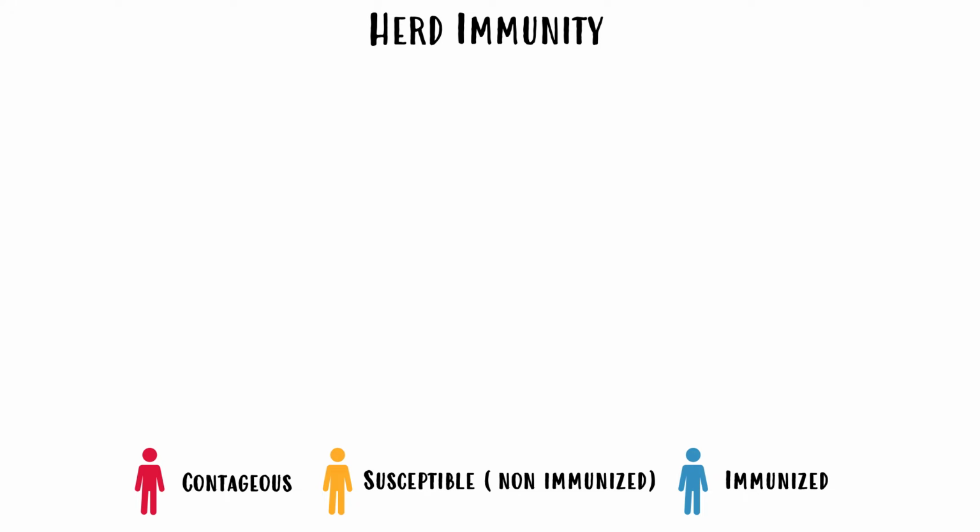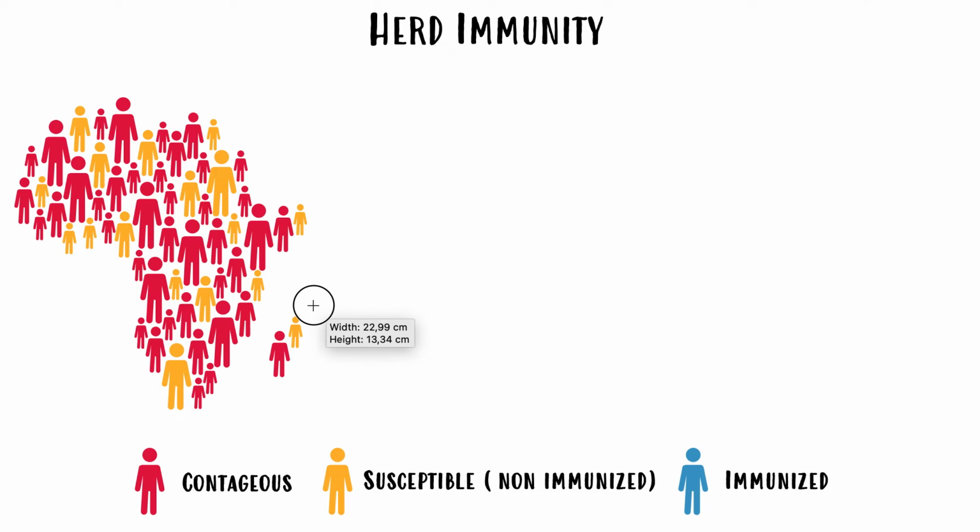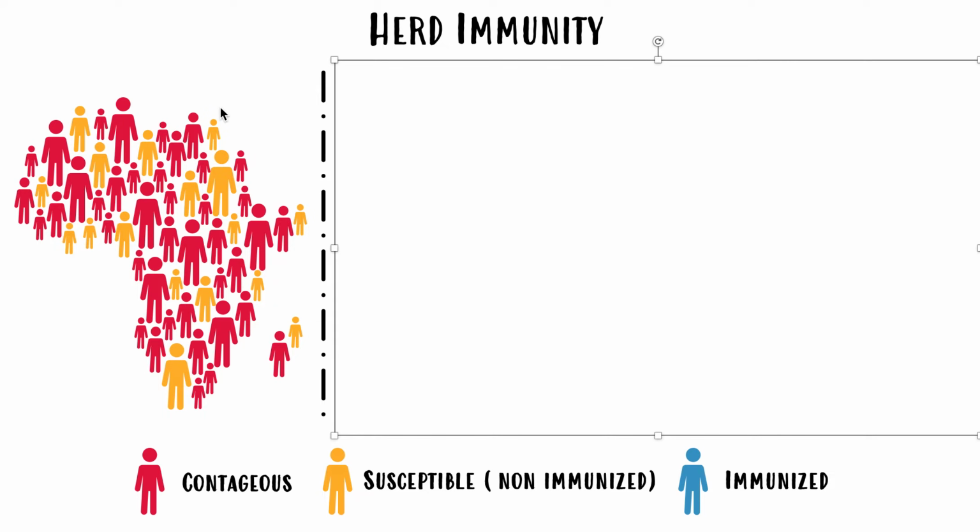Okay, so before we talk about HIV, there's one small thing here. It's called herd immunity. You know a herd. What's a herd? A herd is basically like a pack of animals, a group, right? So group immunity essentially works like this. Let's say we have a continent, it's Africa, and there's people in it.